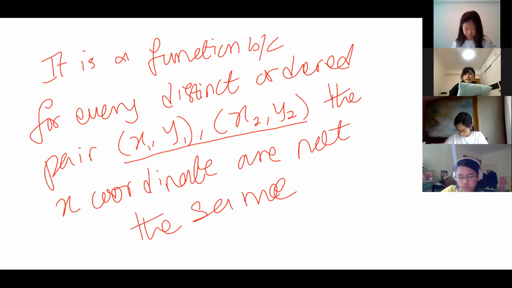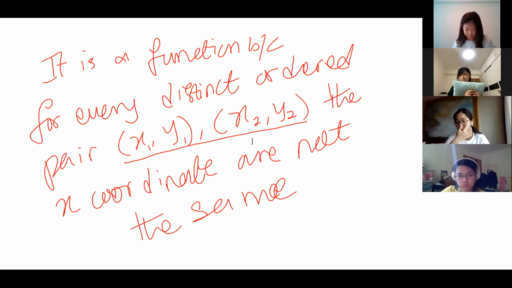Because for the inverse, one x cannot have more than one y value. Use the same definition to explain, basically. So it doesn't have an inverse because, look at the definition on the board, for every distinct ordered pair, the x coordinates are not the same.